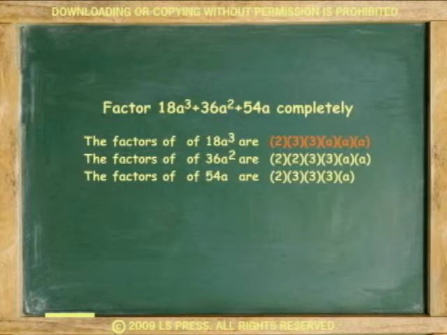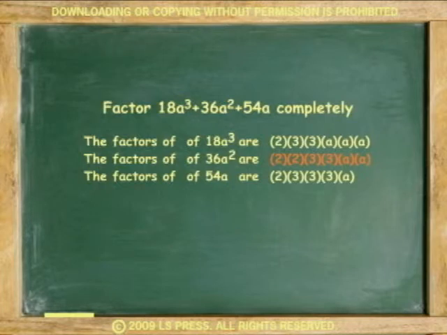The factors of 36a squared are 2 2's, 2 3's, and 2 a's. The factors of 54a are 1 2, 3 3's, and 1 a. Common in all three terms we find 1 2, 2 3's, and 1 a. 2 times 3 times 3 times a equals 18a.